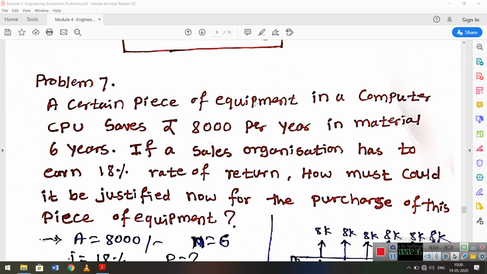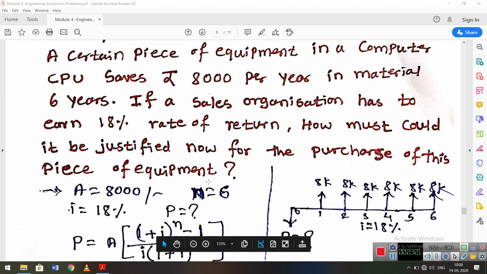A certain piece of equipment in a computer CPU saves 8,000 rupees per year over a period of 6 years. If the organization has to earn an 18% rate of return, how much could be justified now for the purchase of this piece of equipment?